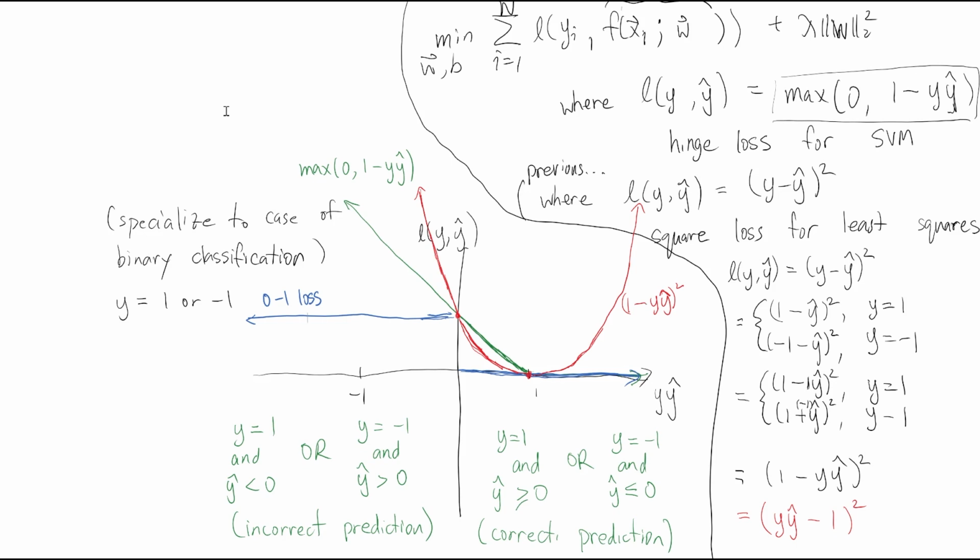And if you look at these three curves, red, green, and blue, you will kind of see that the green curve, which is the hinge loss, is the best convex approximation of the 0-1 loss. So even though it is not exactly what we want, it's as close to what we want as we can get.